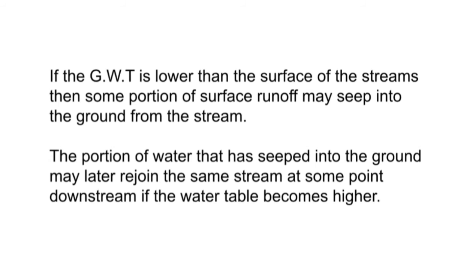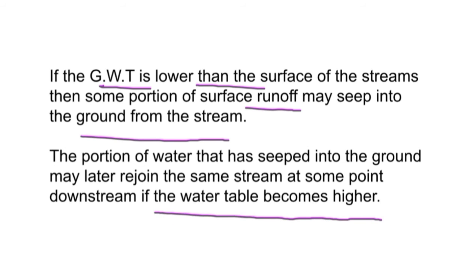If the groundwater table is lower than the surface of the streams, then some portion of the surface runoff may seep into the ground from the stream. And if the water table becomes higher, then the portion of water that has seeped into the ground may later rejoin the same stream at some point downstream.